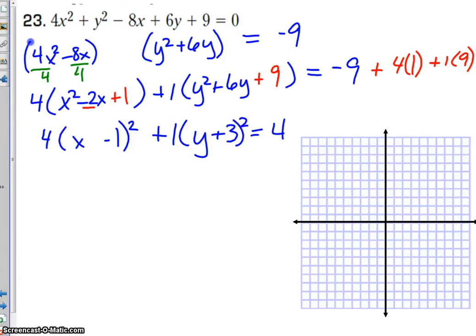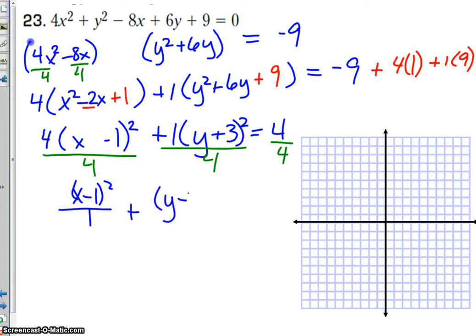So now, if you remember, I want it equal to 1. So I need to divide each and every value here by 4. And so what I have in the end is x minus 1 quantity squared over 1 plus y plus 3 quantity squared over 4 equals my 1. What do I know?